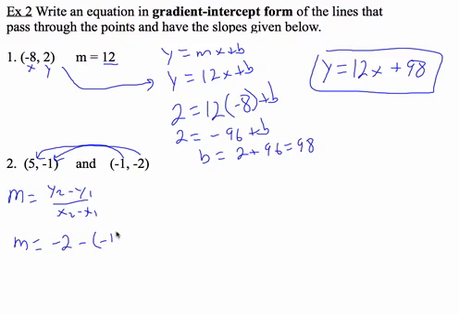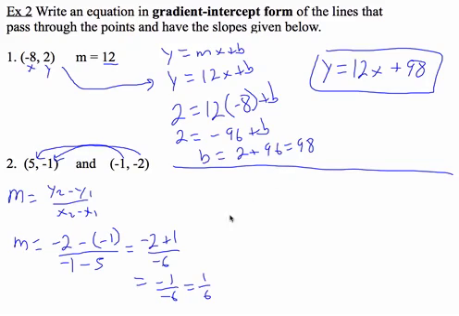So it's like a double minus there, minus negative 1 out of negative 1 minus 5, which equals, well, that's negative 2 plus 1 on the top, and then we have negative 6 down here. So this gives me negative 1 out of negative 6, which equals 1/6. Okay, so that's the slope.